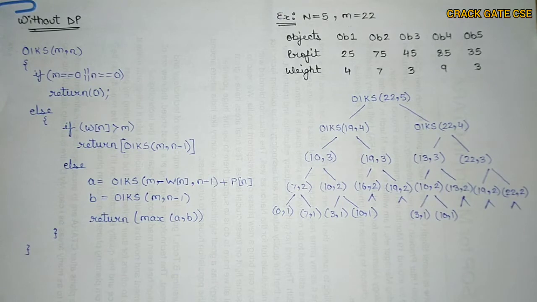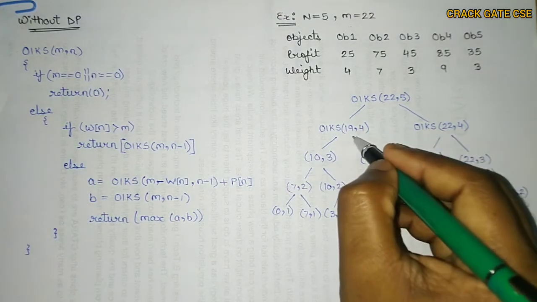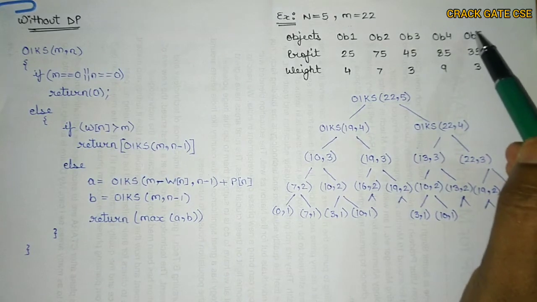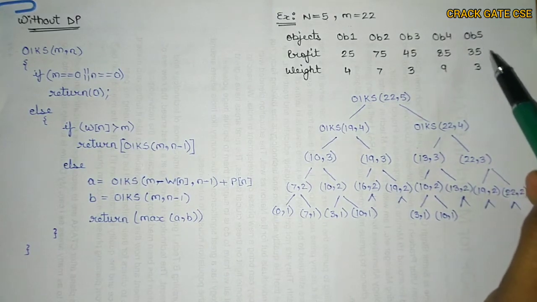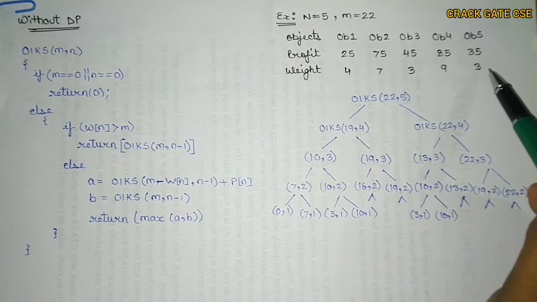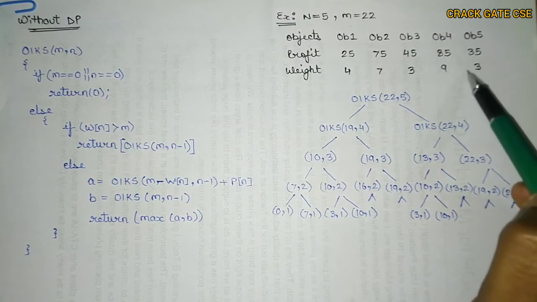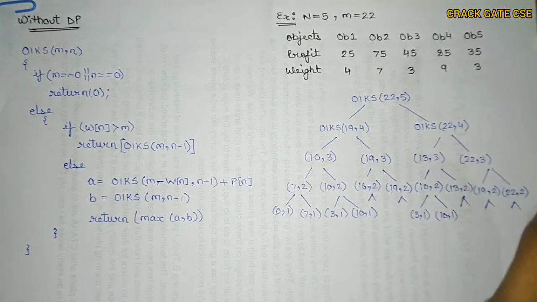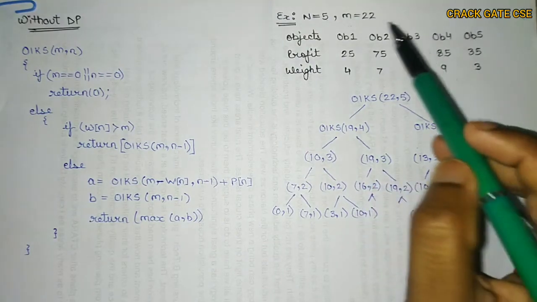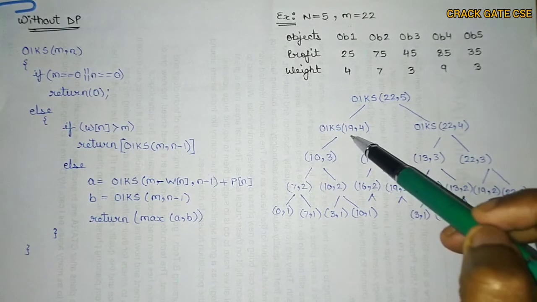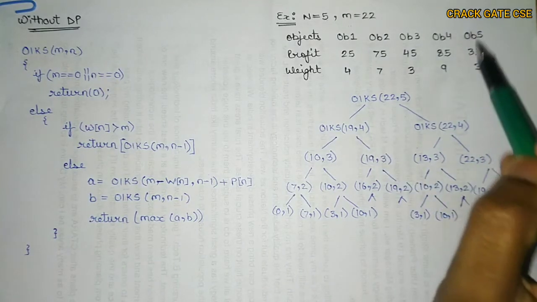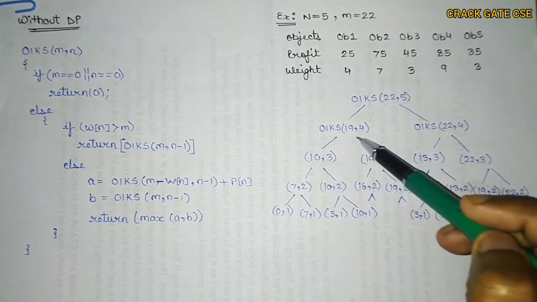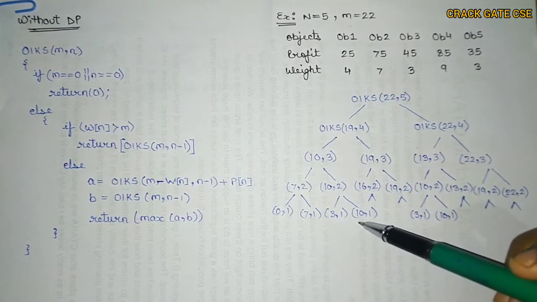In the first case, it is 19 comma 4, that means I am taking this particular object. If I take object number 5, I have to subtract this 3 from the capacity, because I kept it in my bag. So the bag will have 22 minus 3, that means 19 capacity, and one object has been taken, so objects left is 4. That's why it is 0 by 1 knapsack 19 comma 4.